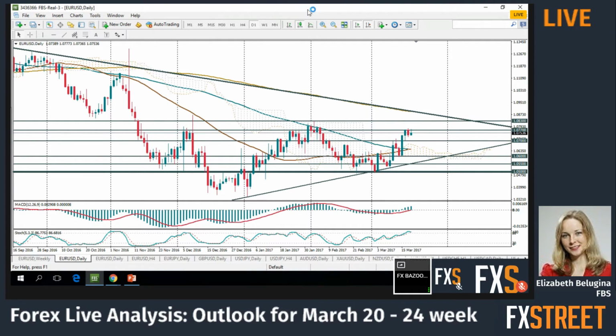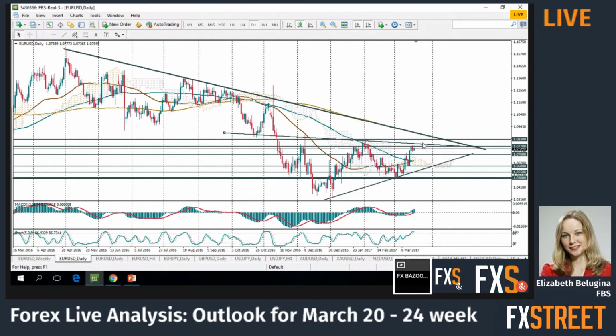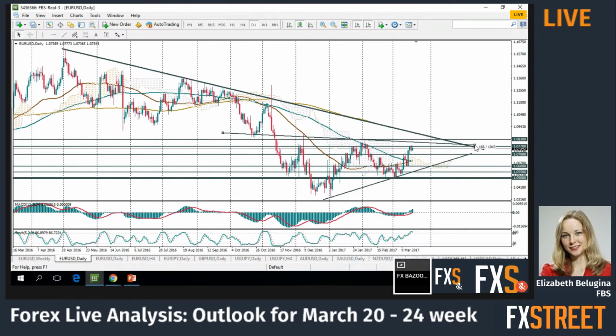Here we find the resistance line, which actually started at the end of last year. We can draw this line something like this.